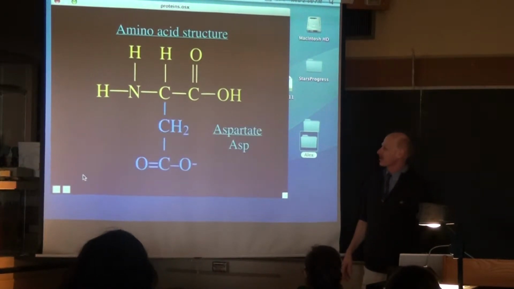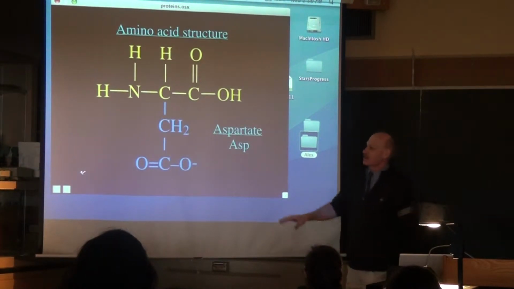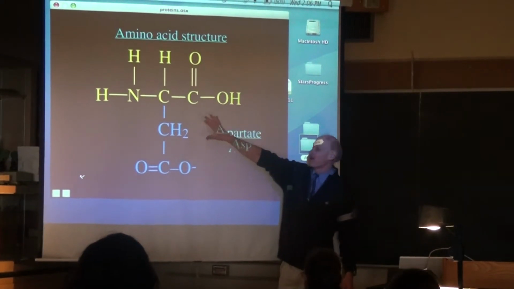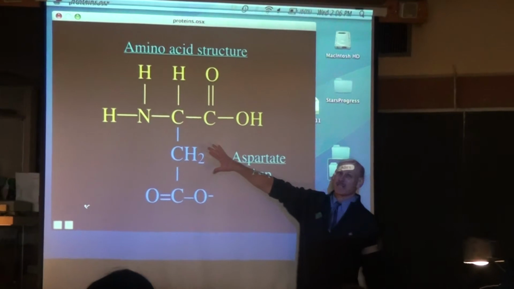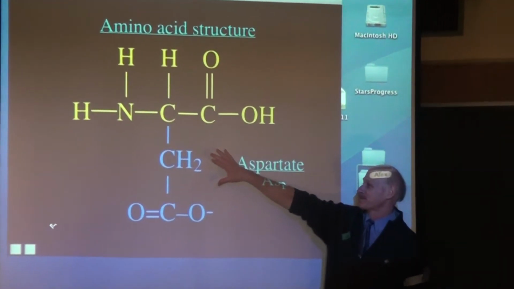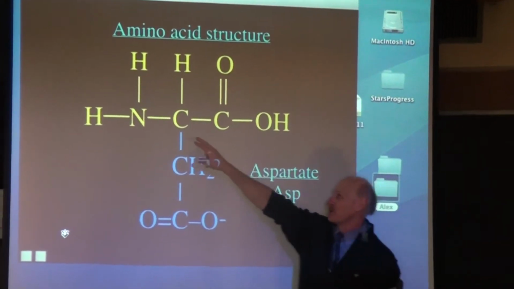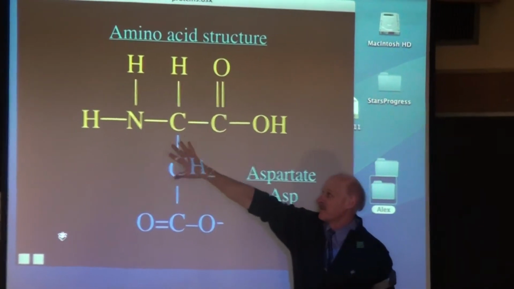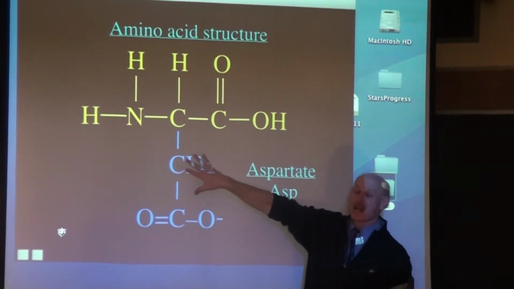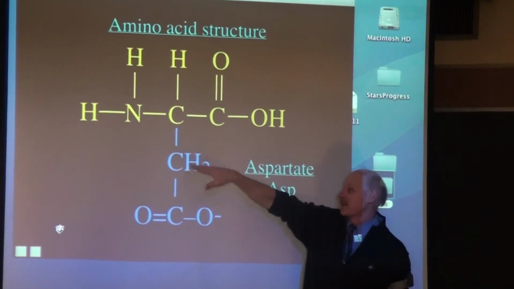I'm going to show you some examples of R groups here, and you do not have to memorize these specific R groups. As long as you know the backbone structure and that there are some differing atoms called the R group, then that's all I want you to know.